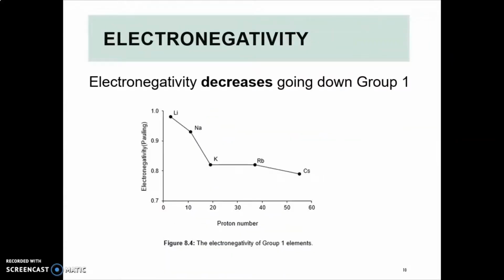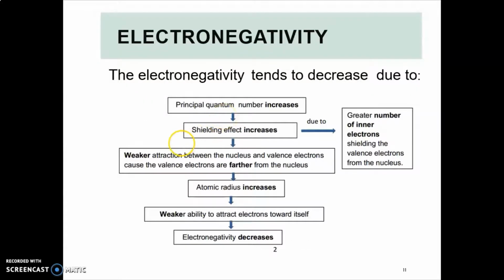For electronegativity, electronegativity also decreases when going down group 1 due to the increase of atomic radius.